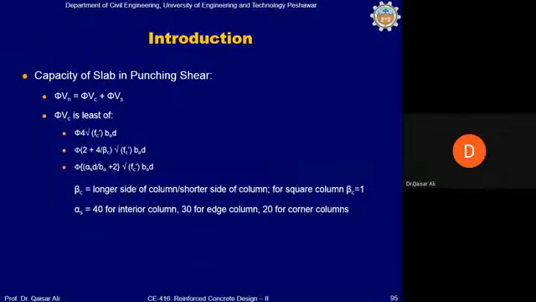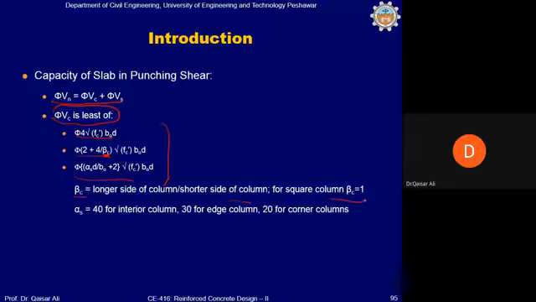Once the demand shear is calculated, the capacity of the slab in punching shear is calculated from φVn equal to φVc plus Vs. We know this. And φVc is the least of 4λ√f'c b0 d, (2 plus 4/βc) and (αs d/b0 plus 2) times the same term. These are three equations, and the least of these will be taken. What is βc? In this equation, βc is the ratio of the longer side of the column to the shorter side of the column.